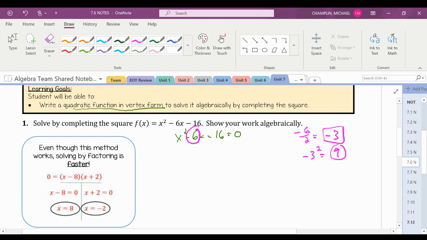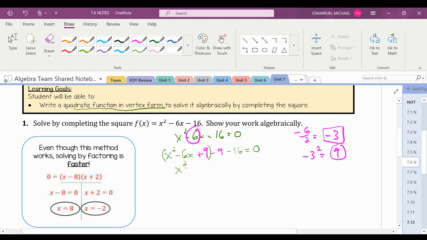So I'm going to take that 9 and add it and subtract it on my left side. So I'm going to rewrite this as x squared minus 6x plus 9. You always add first. Minus 9. Keep the negative 16 equal to 0. Now what I teach my students is I put parentheses around my first 3 terms, and then I combine like terms outside of the parentheses.